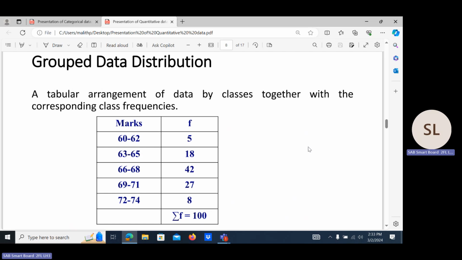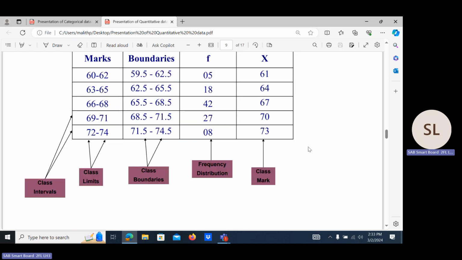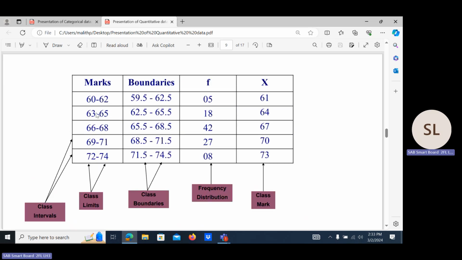We take the data in the array, or the ungrouped distribution, and group it using class intervals. These two values are the class limits, which we can convert into class boundaries. Then we can represent the frequency of each class interval, and we can identify the class mark.